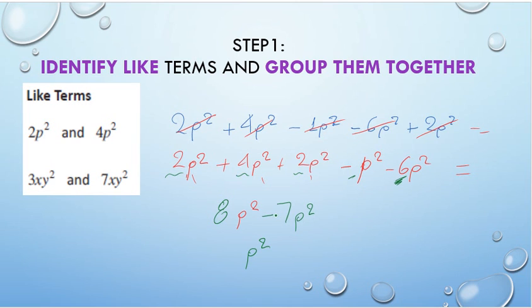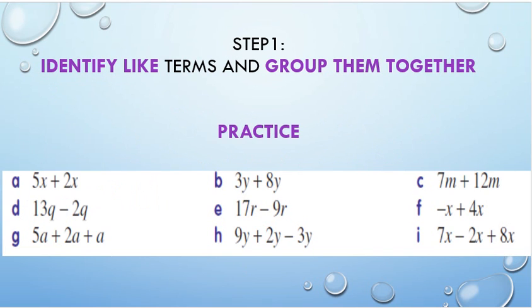Take away 7 equals 1b squared or b squared. So this is how we work with like terms, and this is the practice you need to work on in groups, and you have to present it in the class.